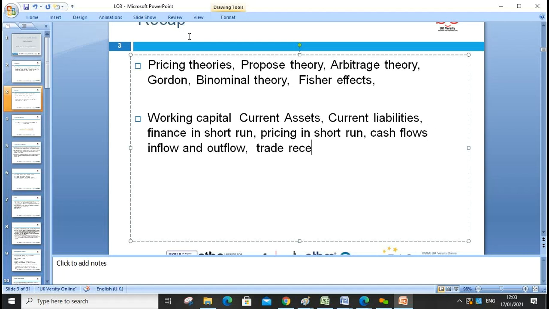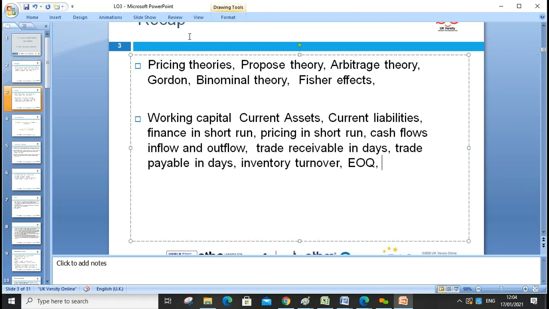We discussed trade receivables in days, trade payables in days, and inventory turnover. We discussed EOQ, the economic order quantity, stock levels, and work in progress inventory. It can be finished goods and raw material. So these we discussed in previous lessons.